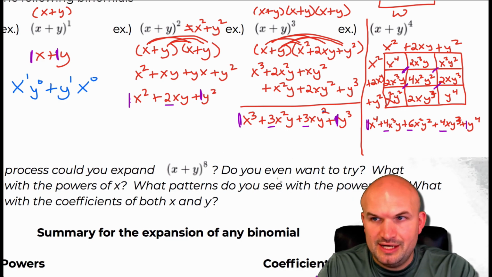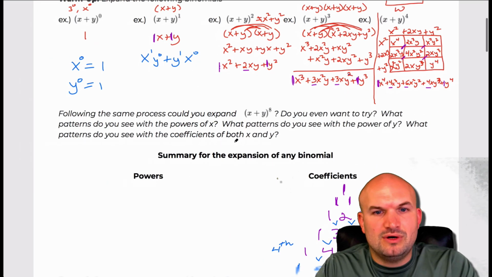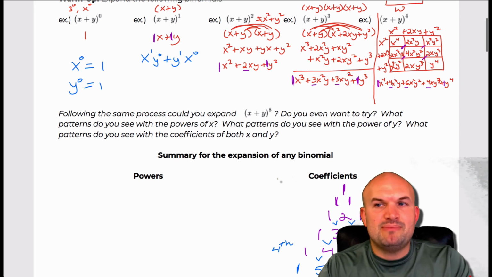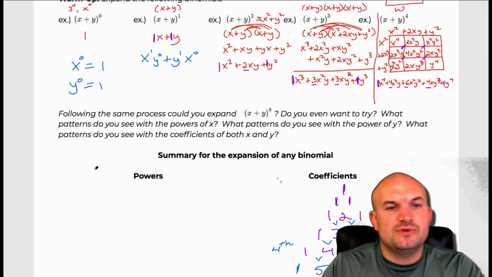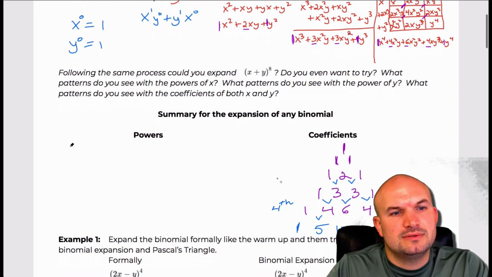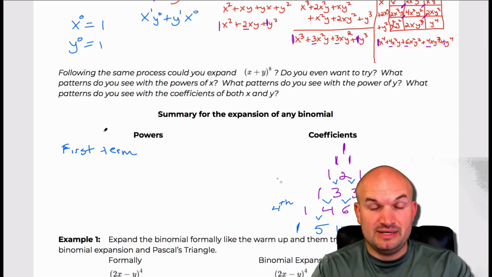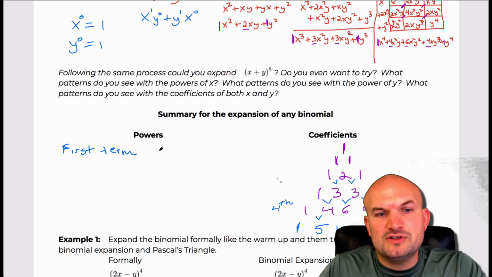So our summary here, when we're talking about how we can summarize this: for x plus y to the powers, we can say the first term in our binomial expansion, the first term powers, they descend.